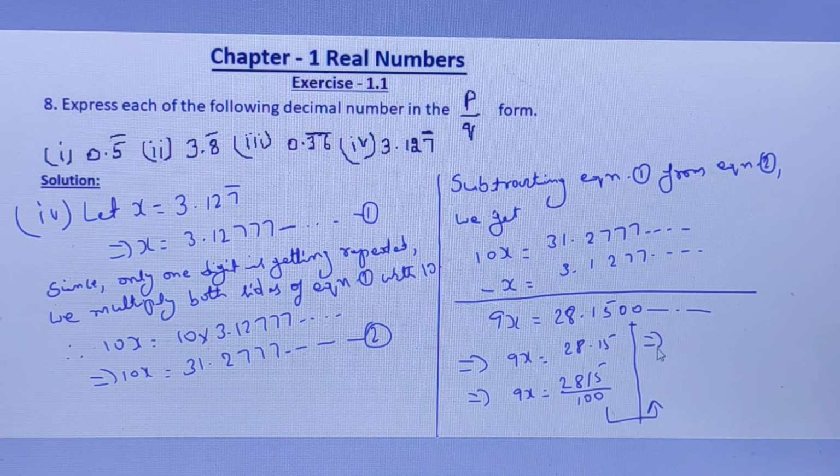So this implies x is equal to 2815 divided by 100 into 9. So we can simplify this by 5. 5 20s are 100, 5 5s are 25, so 563. So this implies x is equal to 563 by 20 into 9, which is 180, which is of the form p by q.